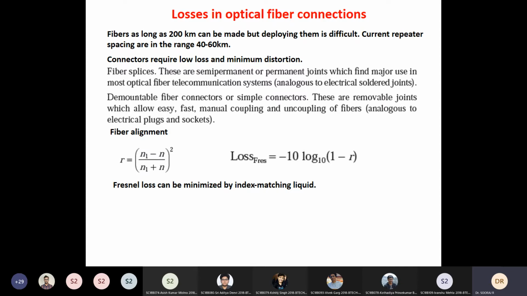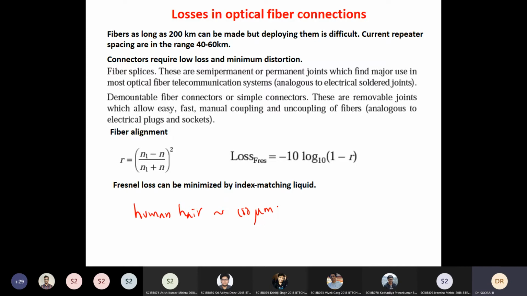By the way, if you compare the core size of an optical fiber and the size of your human hair, what is the typical diameter of a human hair? Micrometer. Yeah, but how many micrometers? So the typical diameter of human hair is of the order of 100 microns.